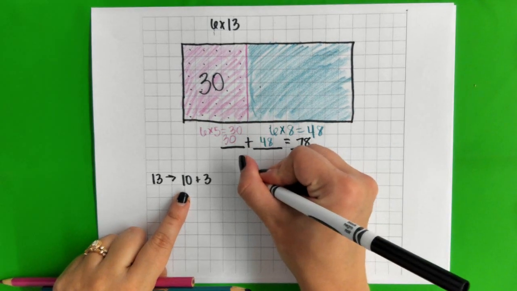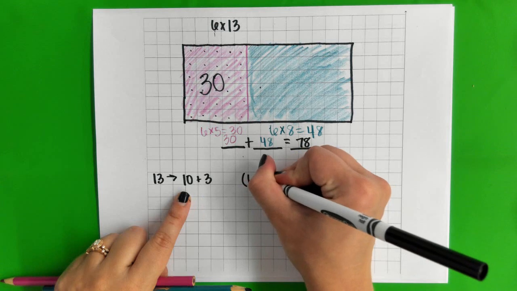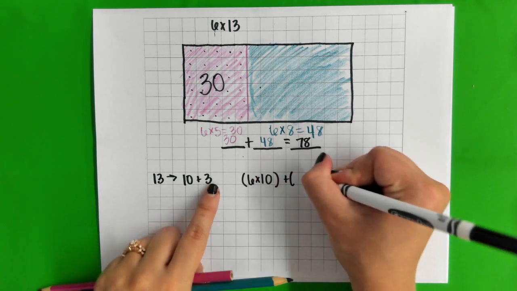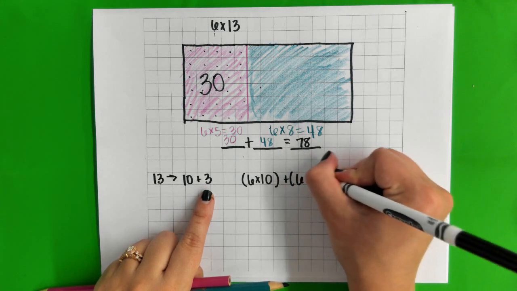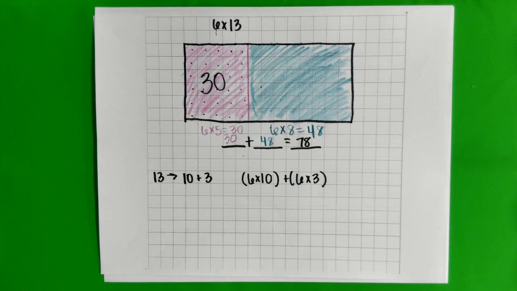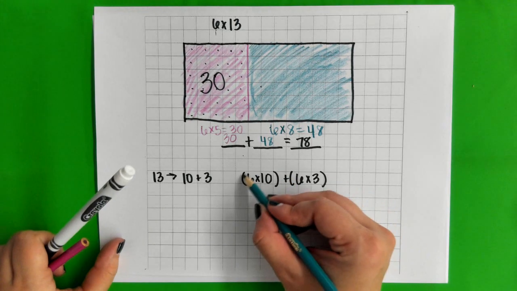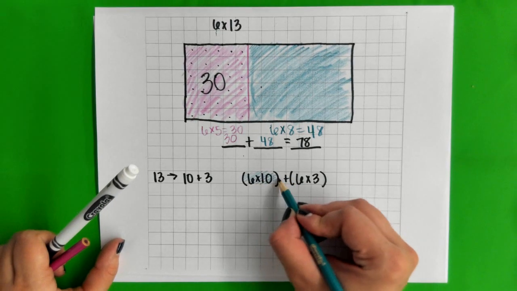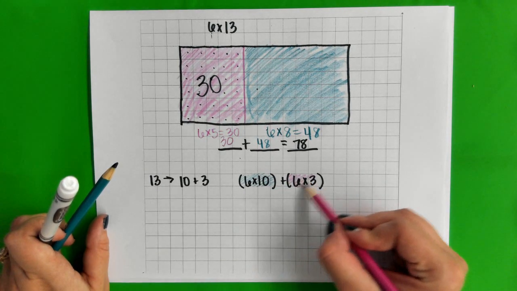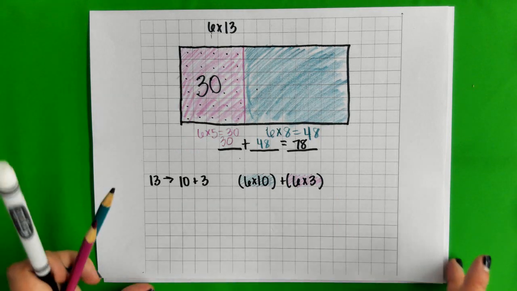So I can do 6 times 10, and I can add it to 6 times 3. So I'm going to do my 6 times 10 in this color, and I'm going to do 6 times 3 in this color.